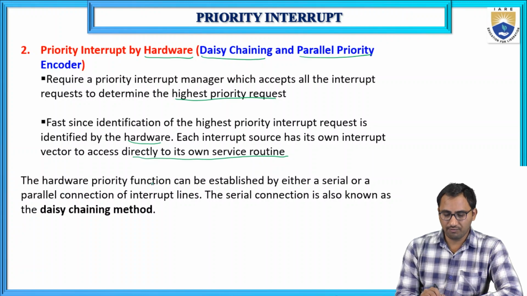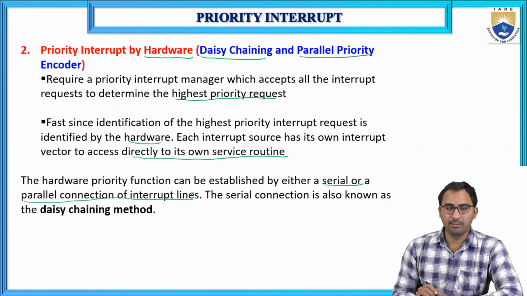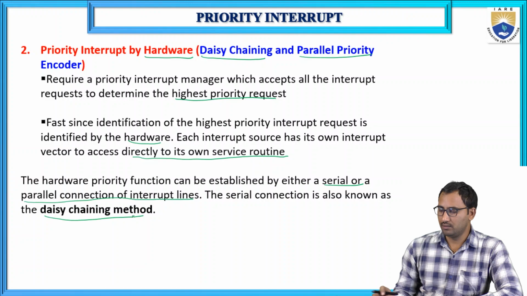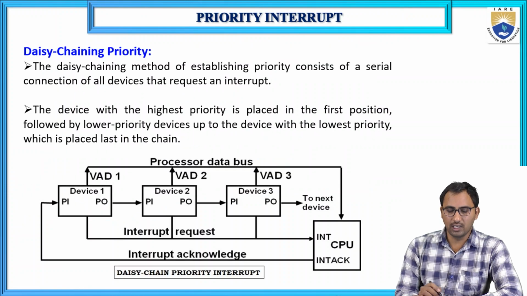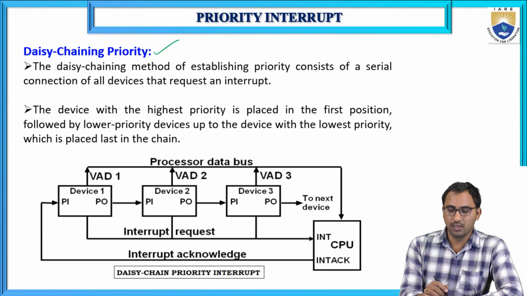So the hardware priority function can be established by either serial or parallel connection of the interrupt lines. The serial connection is also known as the daisy chaining method. So this is the first method of priority interrupt by hardware.